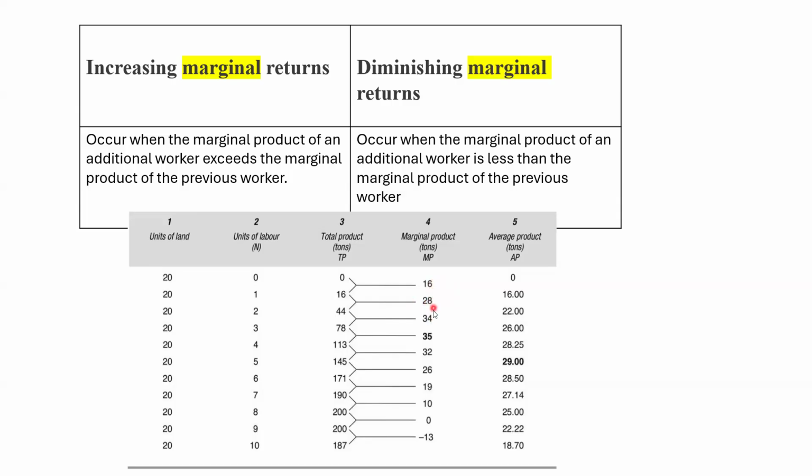So from here, this is where we experience increasing marginal return, because the marginal product of the additional worker which we employ is exceeding the marginal product of the previous worker.